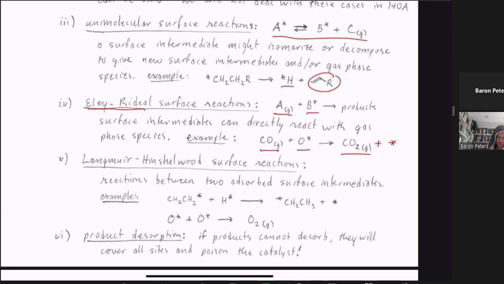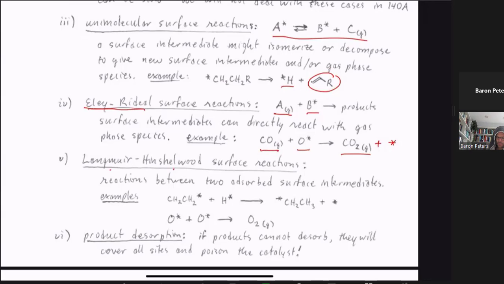Let's talk about one more type. We have Langmuir-Hinshelwood surface reactions. And in this case, Langmuir and Hinshelwood did a lot of stuff in the area of catalysis, and you will see their names attached to a lot of different things. In this case, Langmuir-Hinshelwood reaction refers to a case where you have two adsorbates on the surface already, and they're going to react with each other. Obviously, they have to be kind of close by in order to do that. That can have important implications itself.